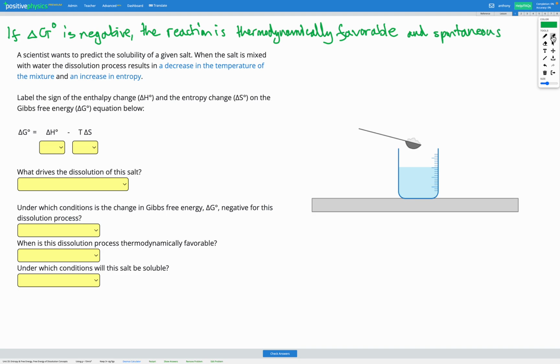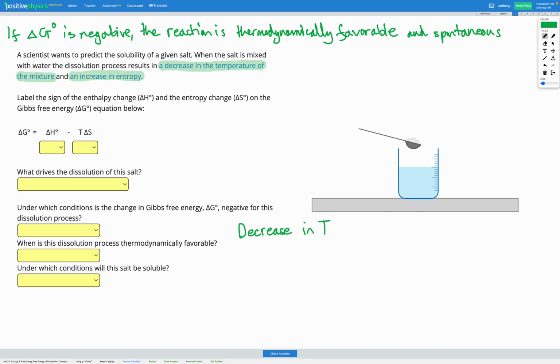So in this question, we're trying to predict the solubility of a given salt. We're told when the salt is mixed with water, the dissolution process, that means the dissolving process, results in a decrease in temperature of the mixture and an increase in entropy. So if we have a decrease in temperature of the mixture, that means that heat must have been taken in by the reaction, causing the solution to cool down.